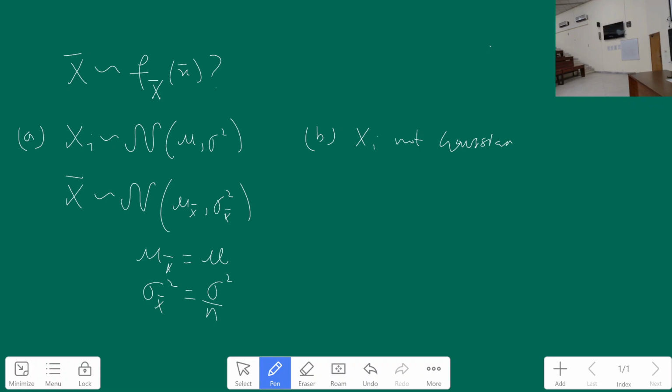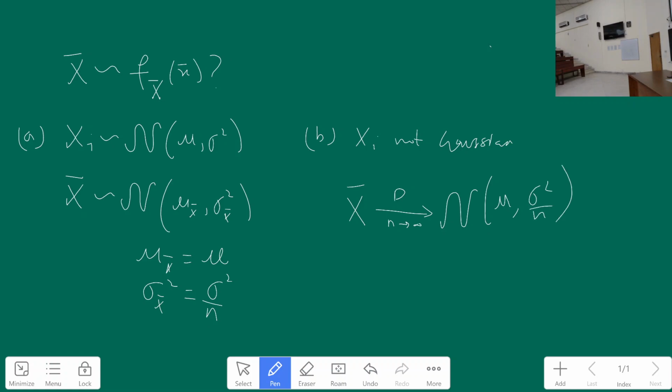Since we assume they have the same distribution, whatever that is, the distribution of the sample mean will approach, as n, the size of the sample, increases, a Gaussian distribution with the true mean and sigma square over n.